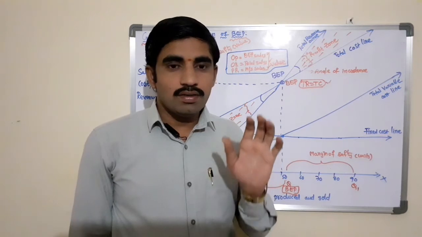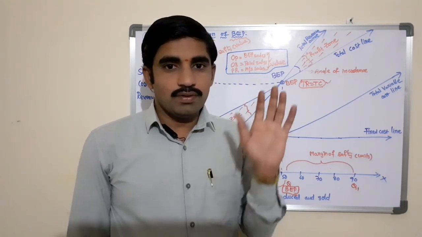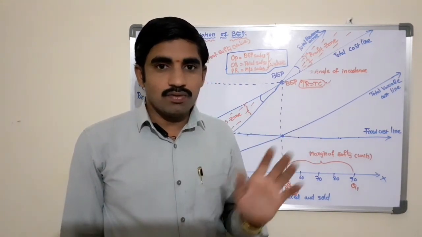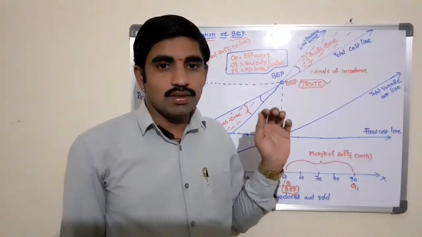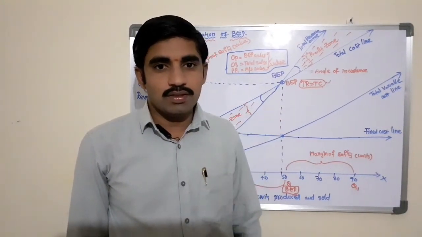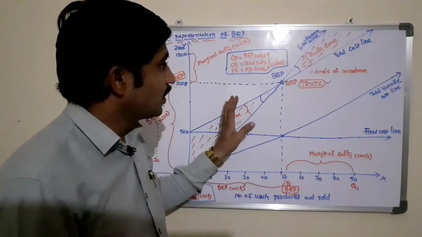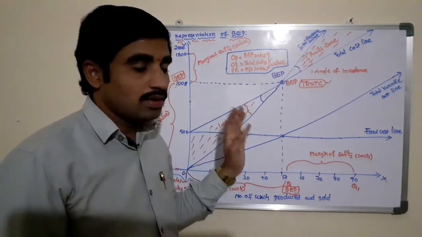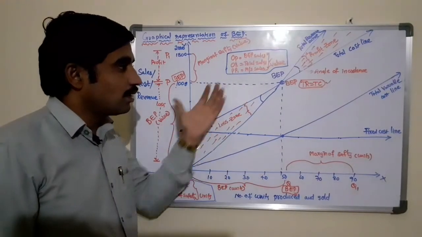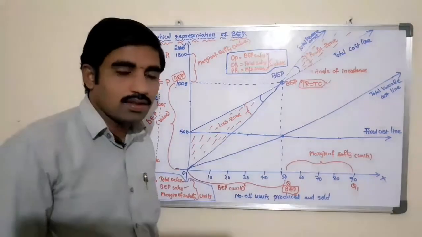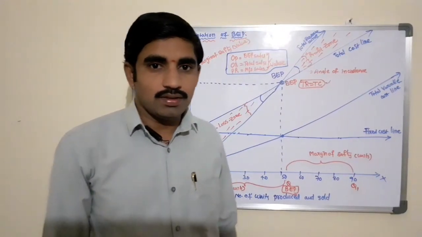The tabular representation of the data used to construct the break even point is known as break even point schedule, and the break even point graph, by using the schedule data constructing the graph, is the graphical representation of break even point.